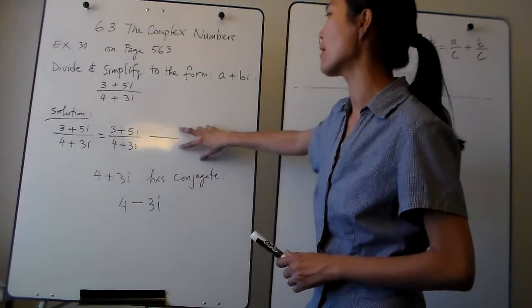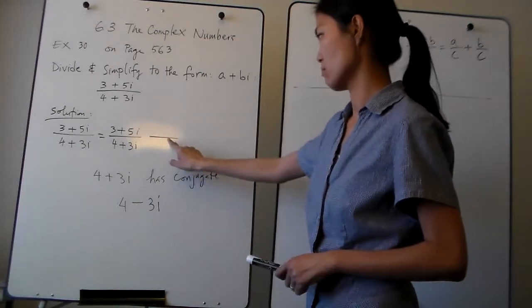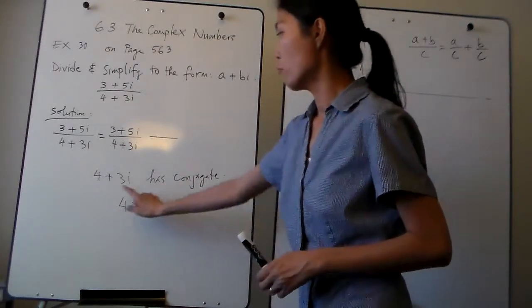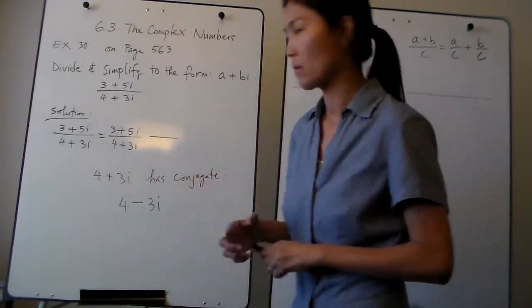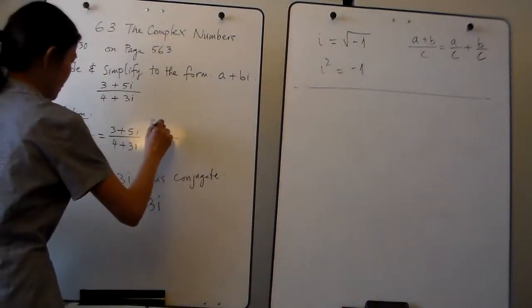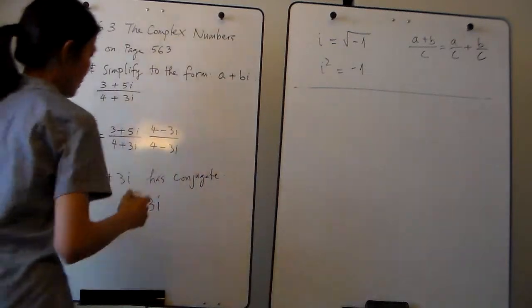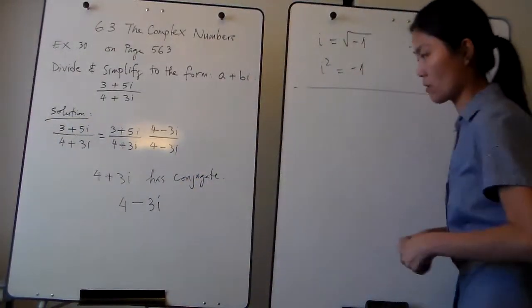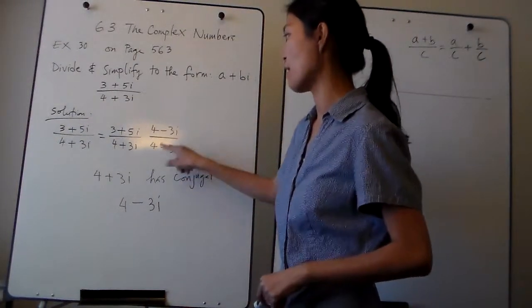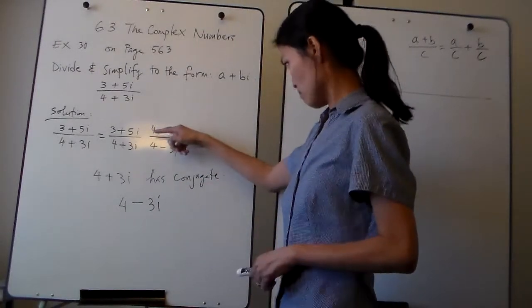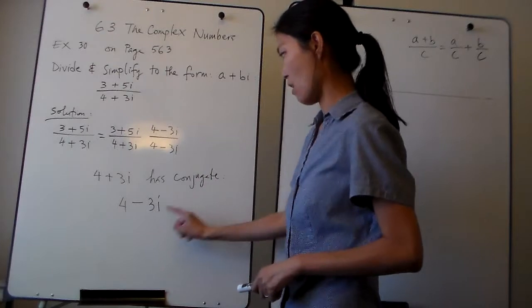So I'm going to multiply by a factor of 1 in terms of the conjugate of the denominator, which is 4 minus 3i. As you see, 4 minus 3i divided by 4 minus 3i is 1.